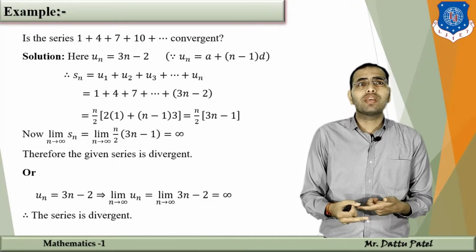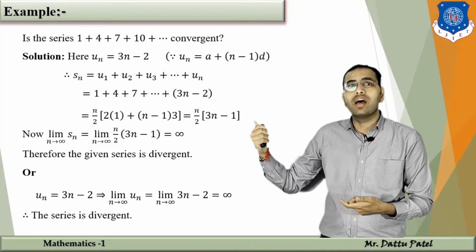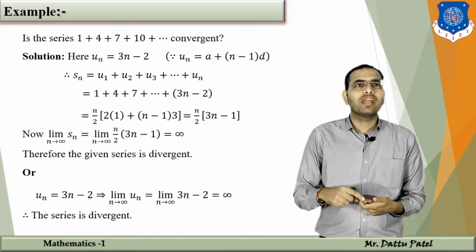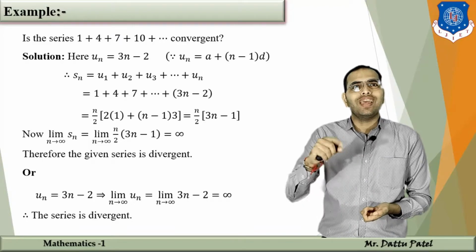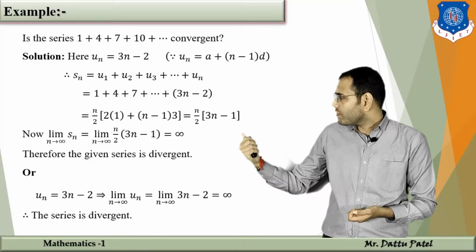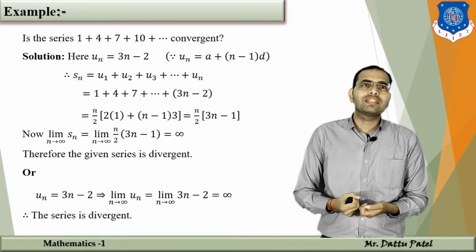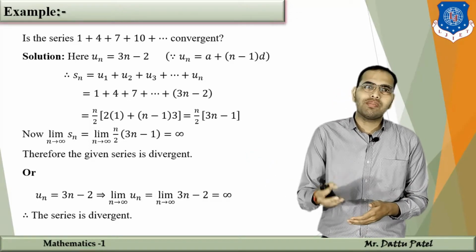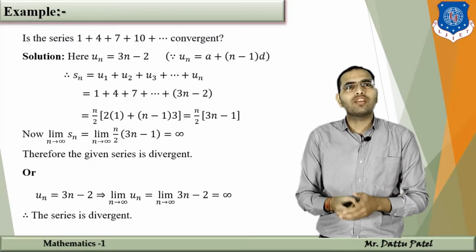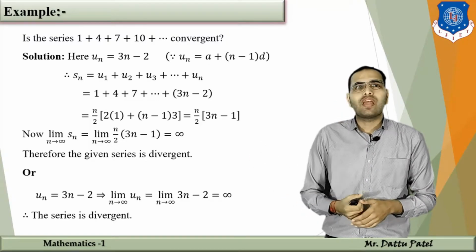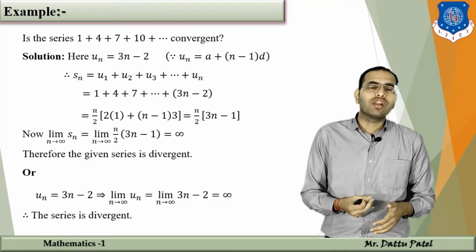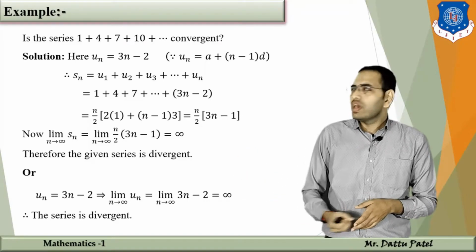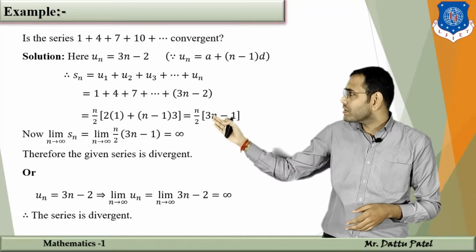Then we have the formula n by 2 inside the bracket 2a plus n minus 1 into d. Substituting the values of a and d and simplifying it, it becomes n by 2 inside the bracket 3n minus 1. Now applying the limit n tends to infinity Sn, it becomes infinity. Therefore the given series is divergent. Here we used the partial sum method.